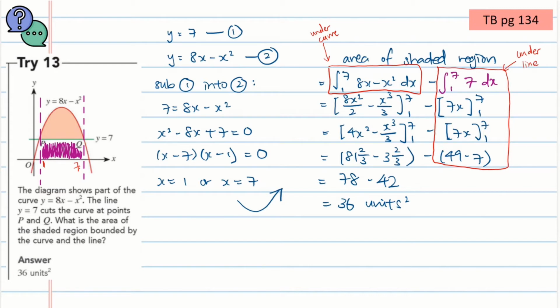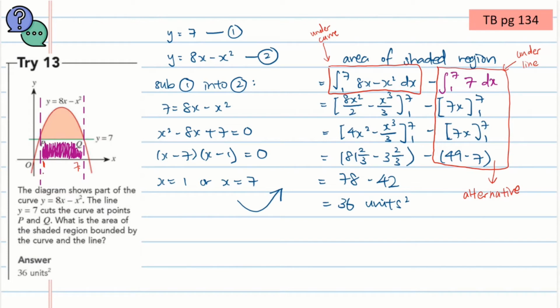Now, is there an alternative to solving this part here of finding the area under the line? I hope you have an answer, because this line y equals 7 forms a rectangle with the boundaries x equals 1 and x equals 7 as well as the x-axis. So this is none other than just a rectangle. So an alternative way to do this would be to see it as length times breadth.